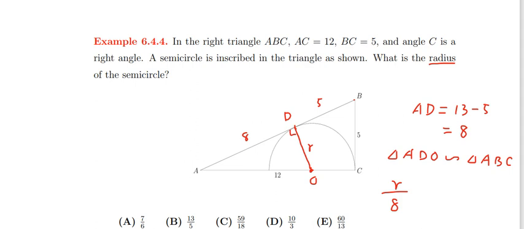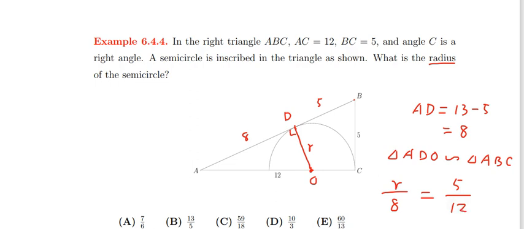R over AD equals, we can find, 5 over 12.